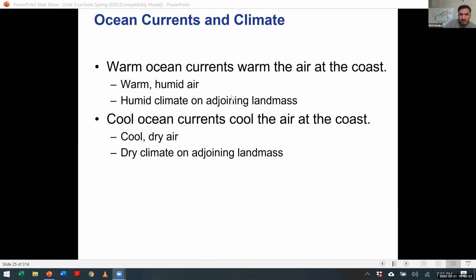There's a strong impact that we here in California feel due to the currents off of our coast. And it's not just here in California, it's any coastal region. If the current off the coast is a warm current, like the Gulf Stream behind me off the coast of Florida, the climate in that coastal region is going to be warm and humid. This is something we talked about before. Why does the climate get warm or humid? Well, the heat from the water warms up the air.